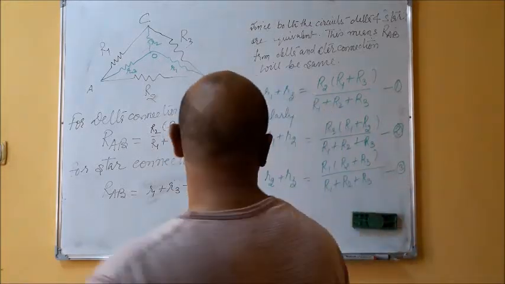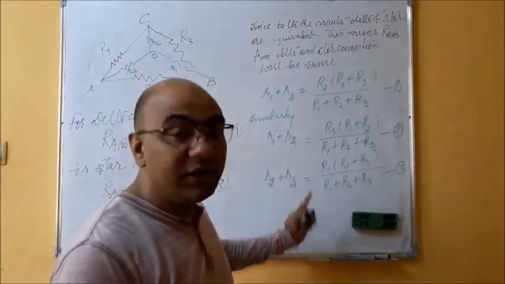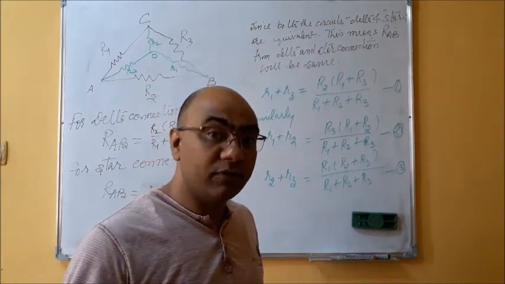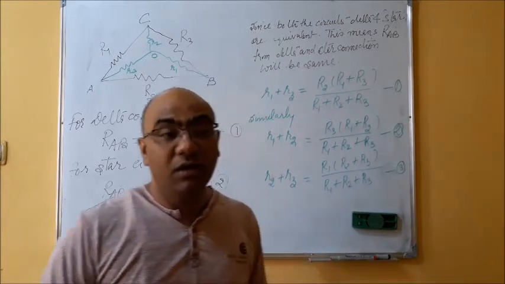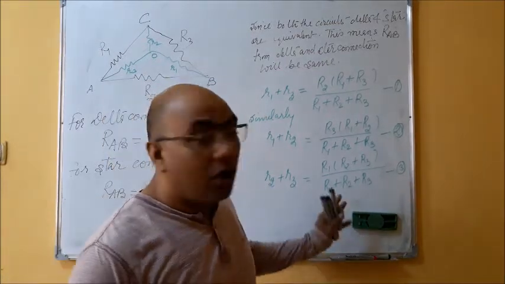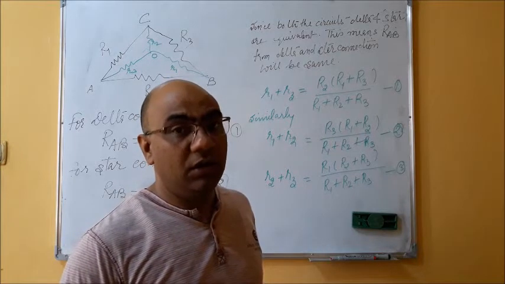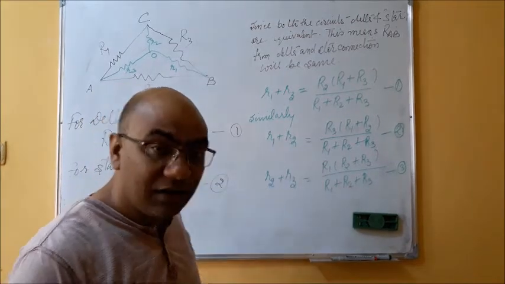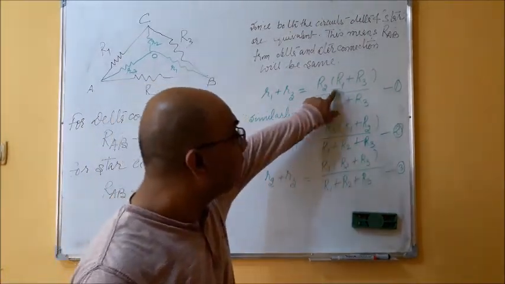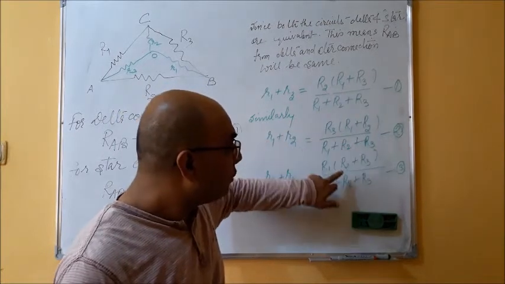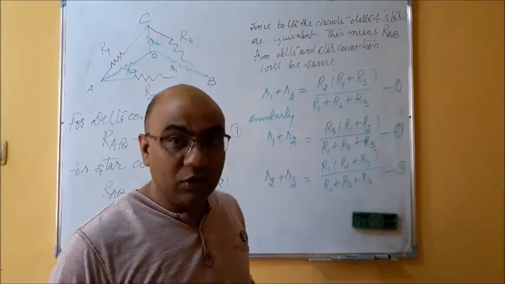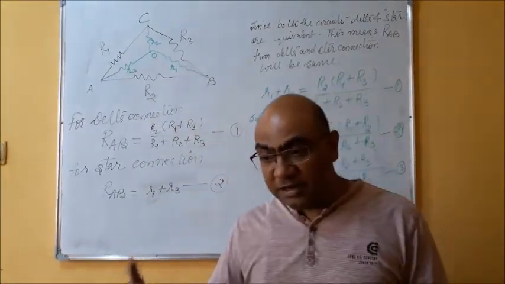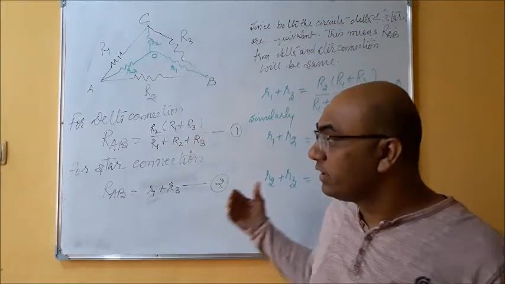And hence, in this way, we can get three equations with relations of the resistances in delta and star. Now, if I solve these equations, I can get the values of small r1, r2, r3. Also, I can get the values of capital R1, R2 and R3. When you solve, you can follow the mathematical steps, which I am not showing here.